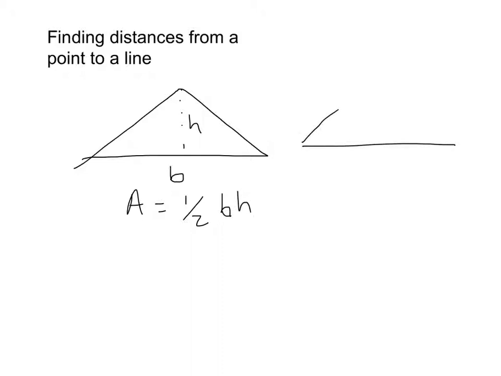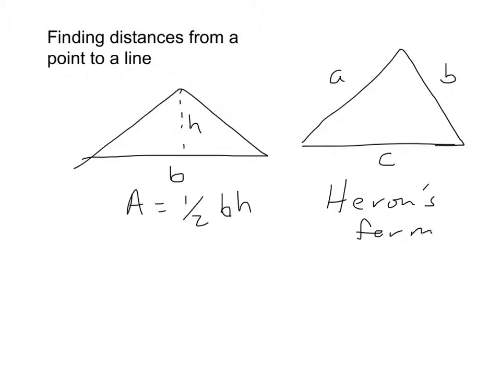But if you were dealing with a triangle in real life, actually finding the height is quite hard, because you'd have to know how to go exactly straight down. It'd be a lot easier to just find the three side lengths and then use Heron's formula.